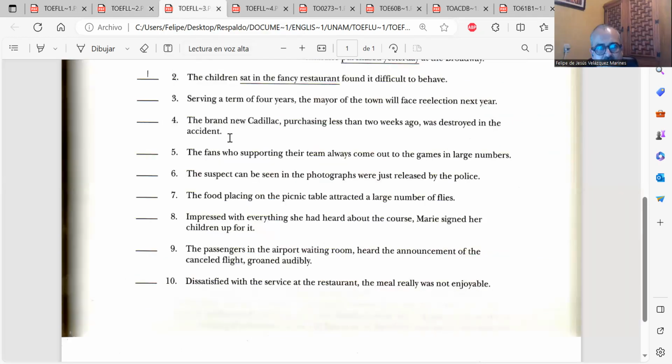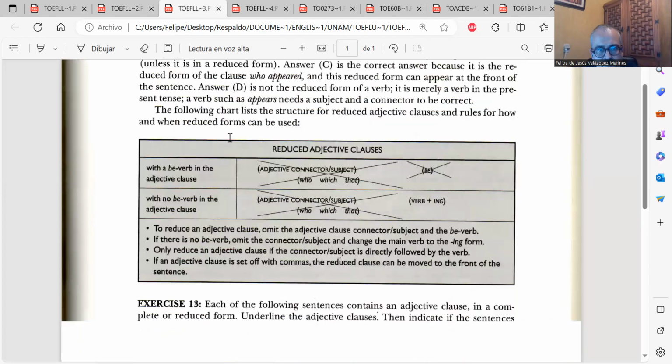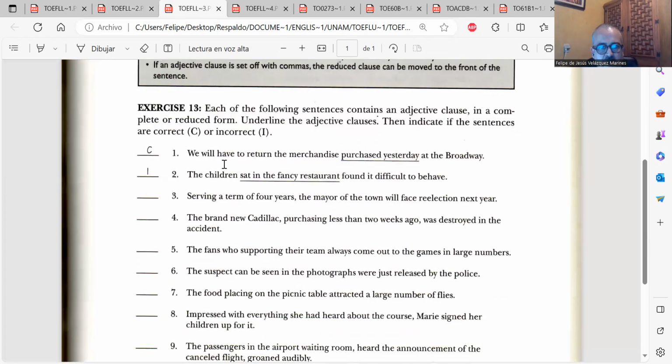Okay, then we have this one. We will have to remember here to correct the sentences that are wrong. We use the accordion technique. What is it? Expanding or reducing. So for example, this is correct. The first one, we will have to return the merchandise purchased yesterday.